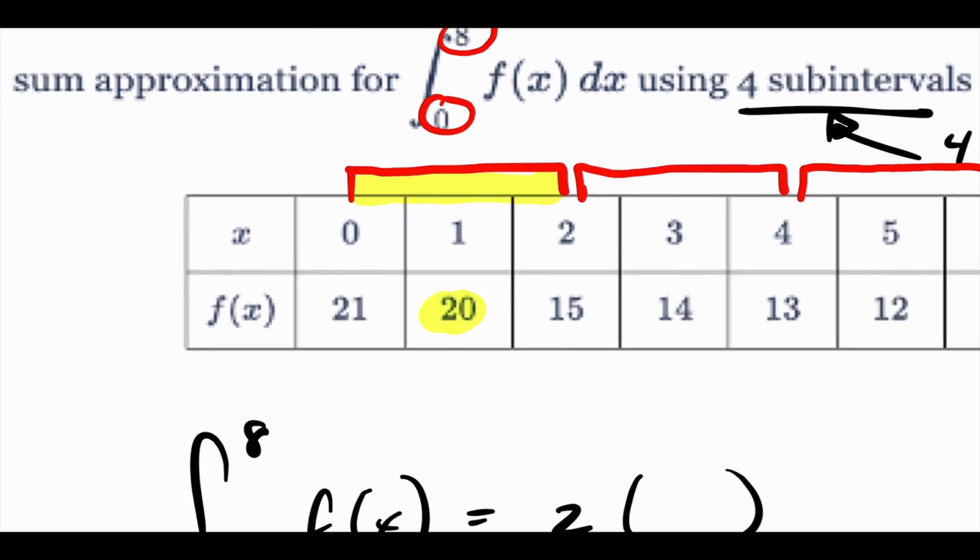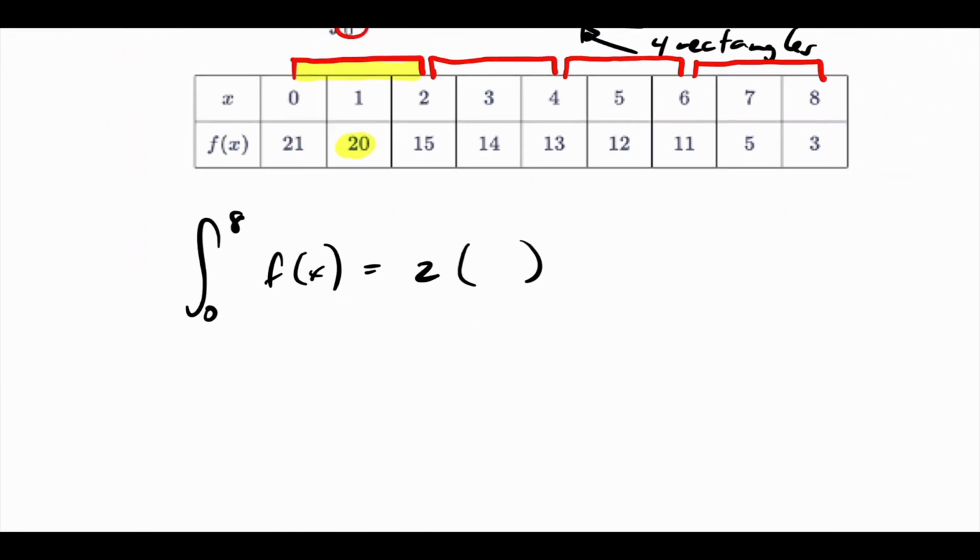The y value at 1 is 20. The second one goes from 2 to 4, width of 2. How tall is it? It's going to be 14 because the midpoint is 3 and 3 is 14 high. That's the y. Y goes up.